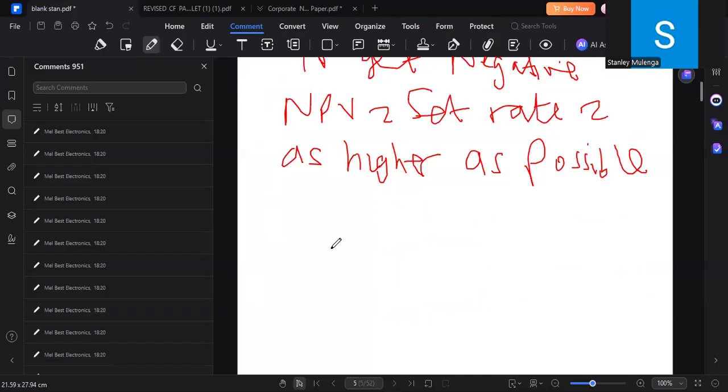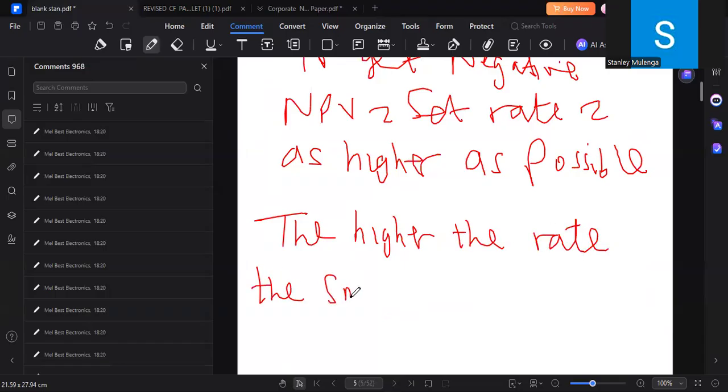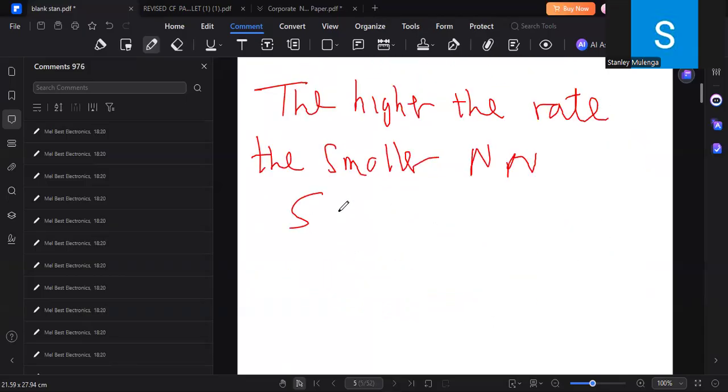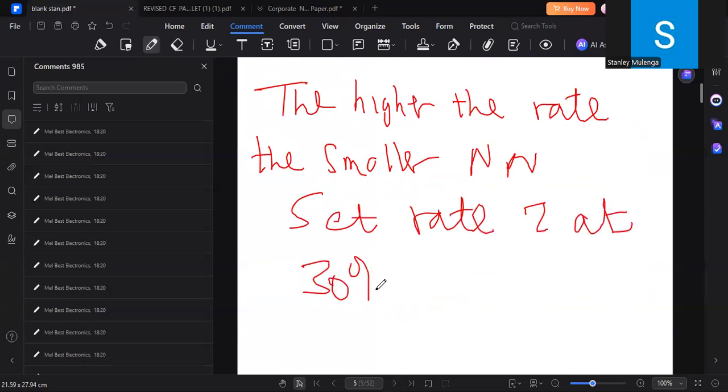The higher the rate, the smaller the NPV. So we're going to set rate 2 at 30%.